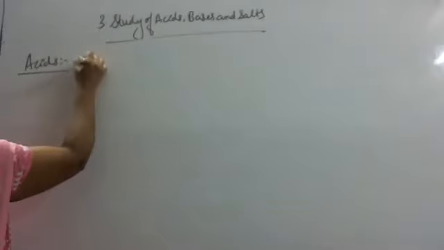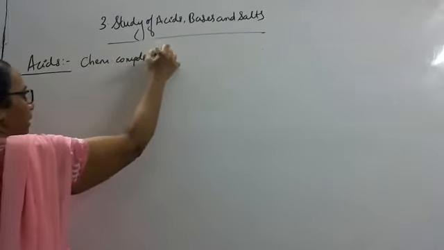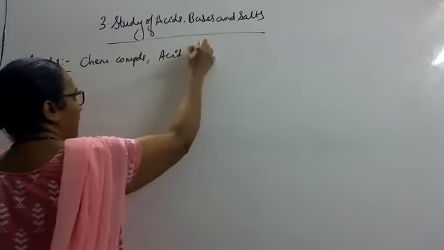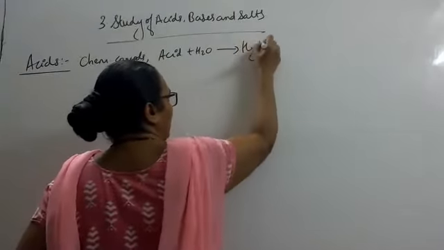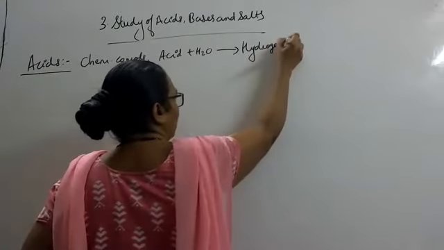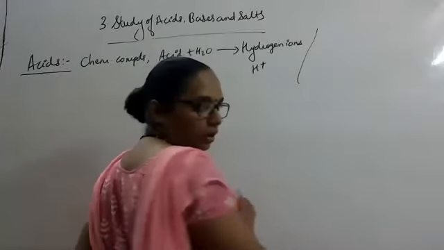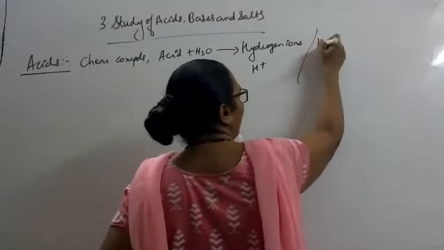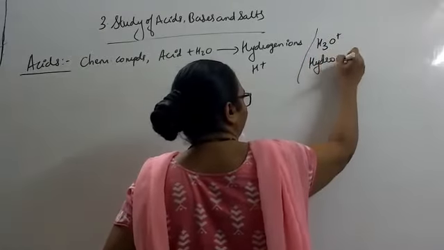Okay, acids are what? Acids are chemical compounds. When we dissolve any acid in water, it will dissociate to form hydrogen ions, or it will form hydronium ions.